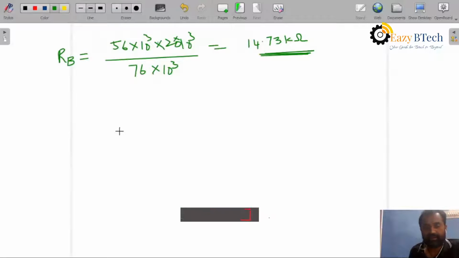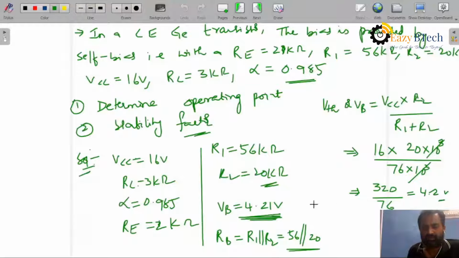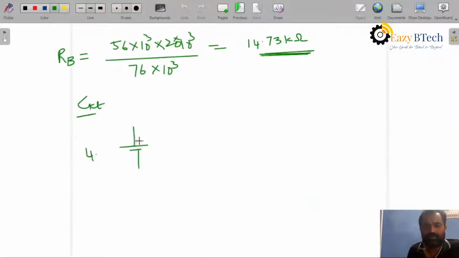Now you will get the circuit diagram. This value we have found previously, that is VB 4.21 volts.